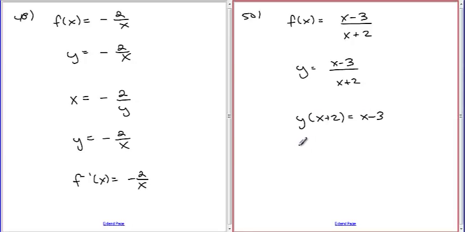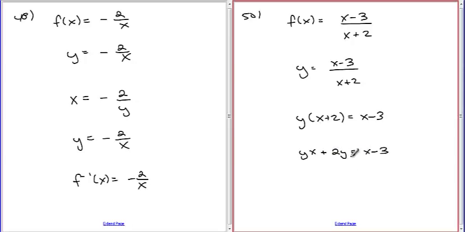So we get yx plus 2y is equal to x minus 3.